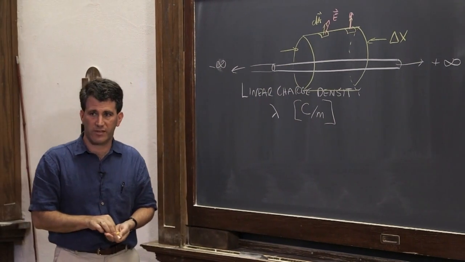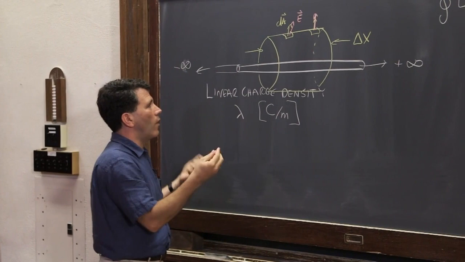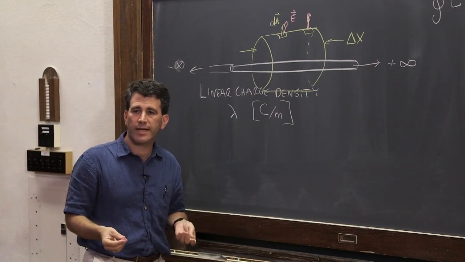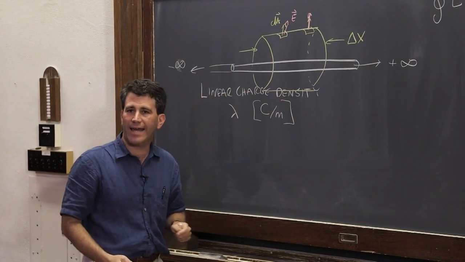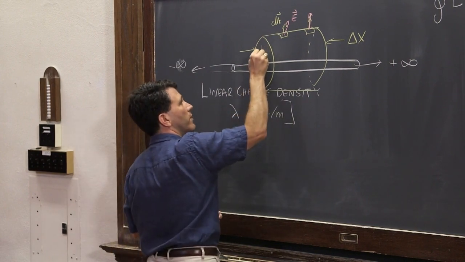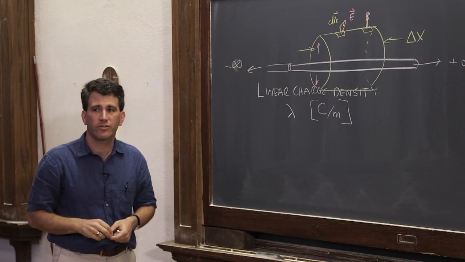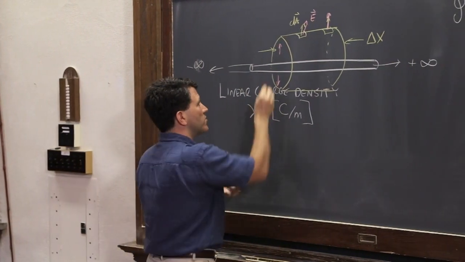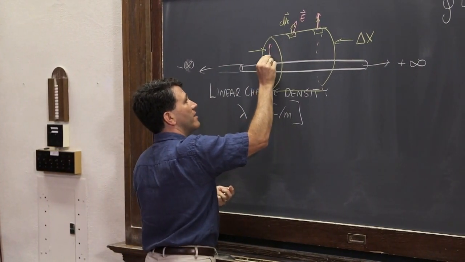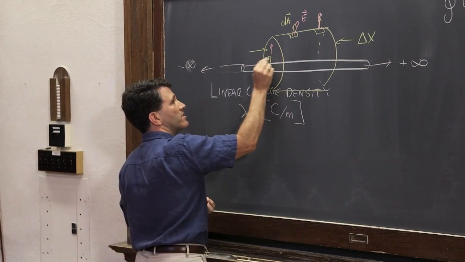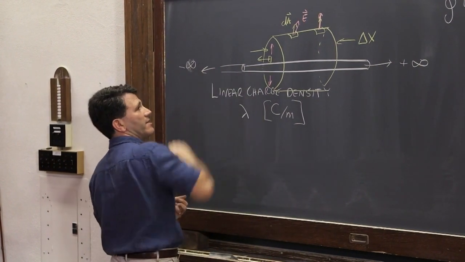We can talk about the surface area of the end caps, but we don't even have to get very fancy for this, because we know what direction the electric field is going to be pointing. If we have nice flat end caps for the cylinder, the electric field is going to be pointing radially outward from the line of charge. And our little surface normal for a little patch of area on one of these end caps is going to be pointing, in this case, in the negative x direction.